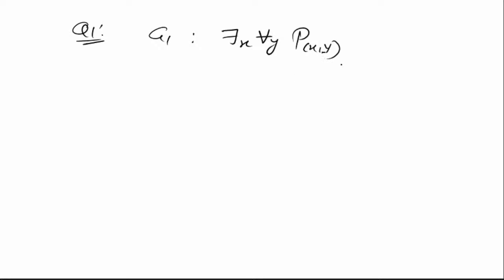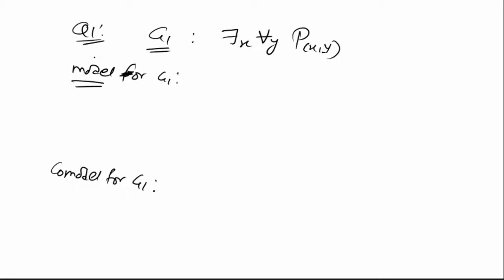For this formula G1, you need to find a model and you need to find a co-model. You know what a model is? A model is an environment in which G1 is true. A co-model is an environment in which G1 is false. Can you find them? Try this.